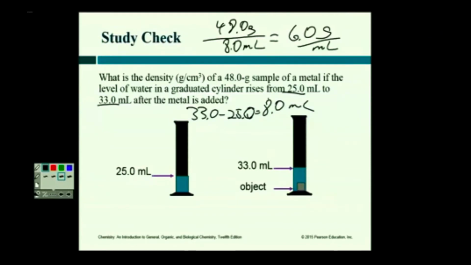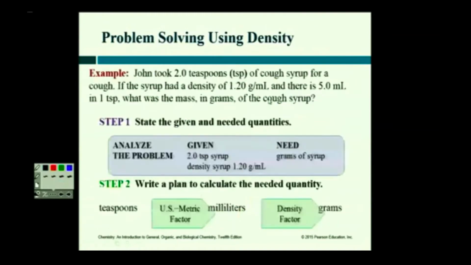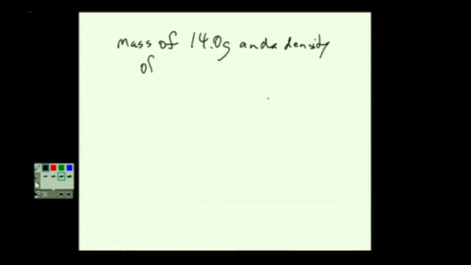Now how else can you use this? Let's say I tell you you have an object that has a mass of 14.0 grams and a density of 2.7 grams per milliliter.